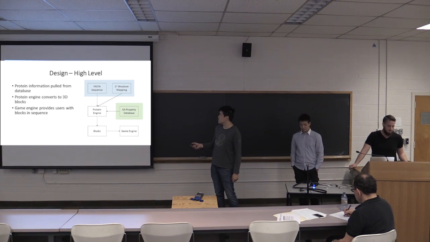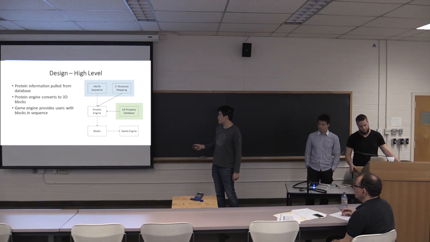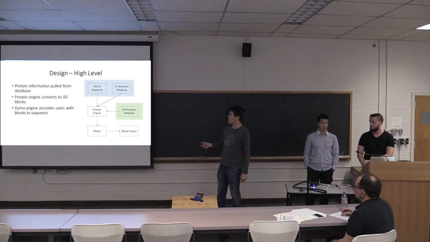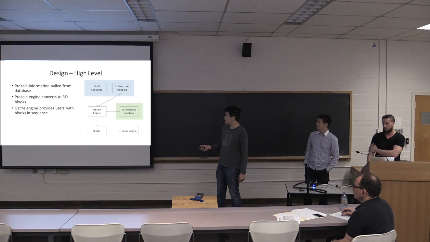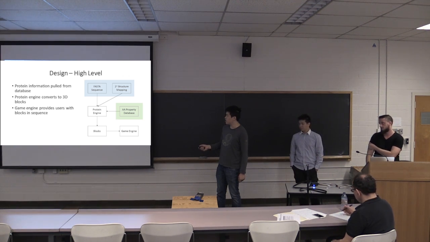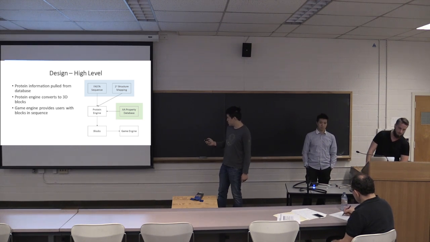All this information is retrieved from an online protein database, and the protein engine will also determine the property of each amino acid based on the amino acid property database. Finally, the game engine will transform all of it into blocks in sequence.